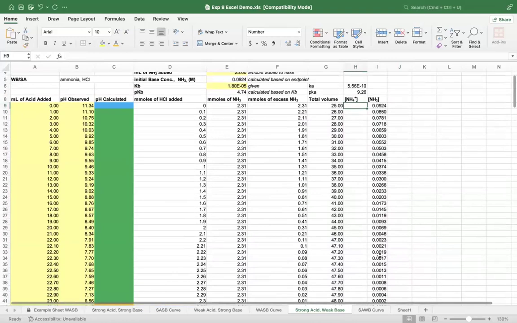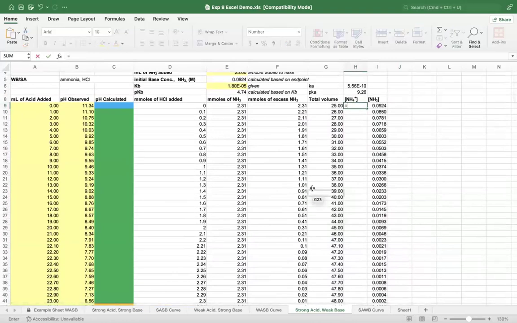beyond that point. NH4 is equal to the amount of acid added divided by the volume. Remember, the conjugate acid, NH4, is formed from each molecule of NH3 that gets neutralized. And so the amount of NH4 present is related to the amount of moles of HCl added.